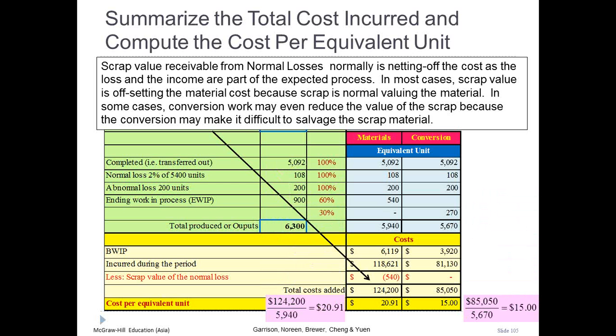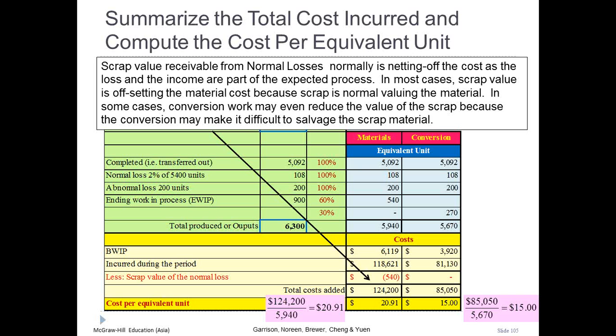Scrap value receivable from normal losses is normally netted off the cost, as the loss and the income are part of the expected process. In most cases, scrap value is offsetting the material cost because the buyer is normally paying for material scrap. In some cases, conversion work done may even reduce the value of the scrap because the conversion may make it difficult to salvage the scrap material.